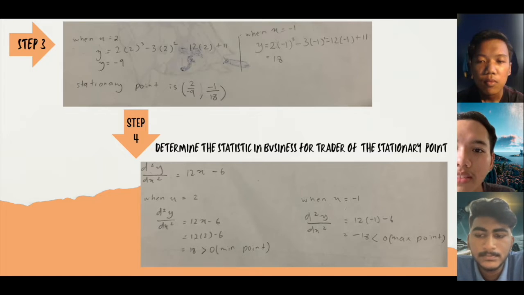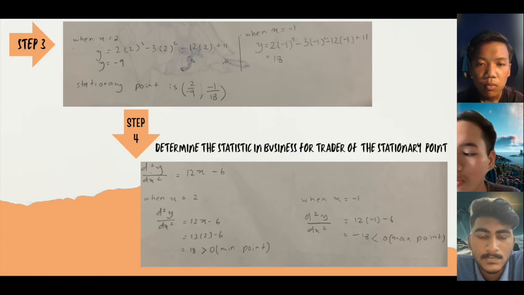So when x equal to 2, d power of 2 y over dx power of 2, we substitute 12 in bracket 2 minus 6. So the answer we get is 18.